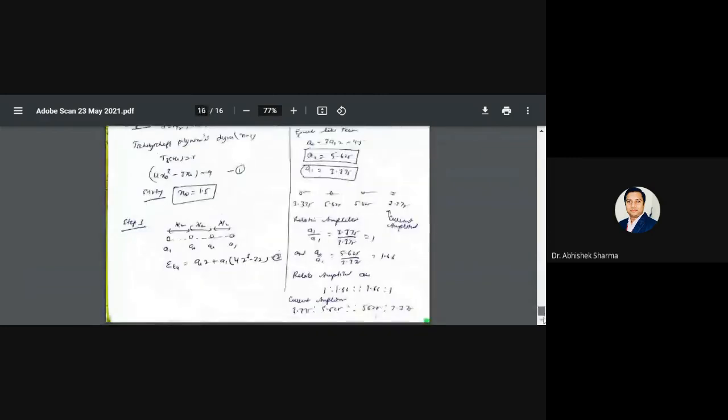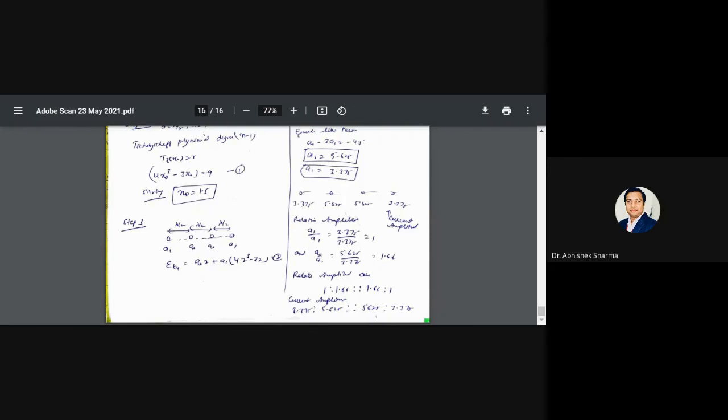If I summarize it, we have a general expression for the array factor, but the main part is to calculate the coefficients, that is, the excitation coefficients. To calculate excitation coefficients, there are two methods. One is the binomial array, in which we make a Pascal triangle, and another is the Dolph-Chebyshev array, in which we use Chebyshev polynomial.